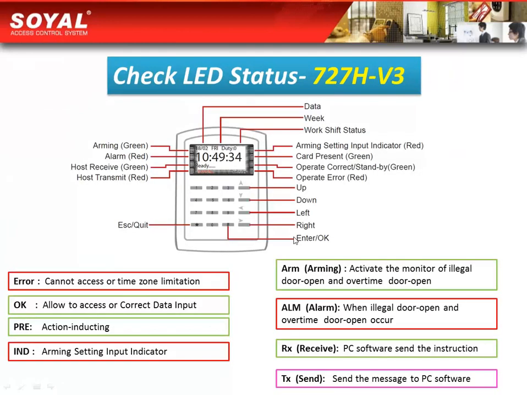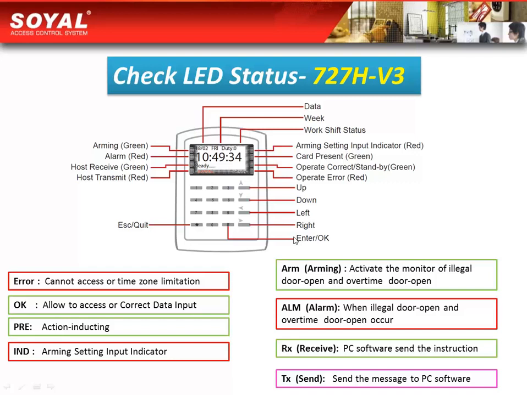This picture shows what functions or meanings all the buttons and lights of the 727HV3 represent. The basic one: when it shows red light, it means that you are not allowed to enter, and it might be an invalid card, wrong password, or the limitation of time zone.